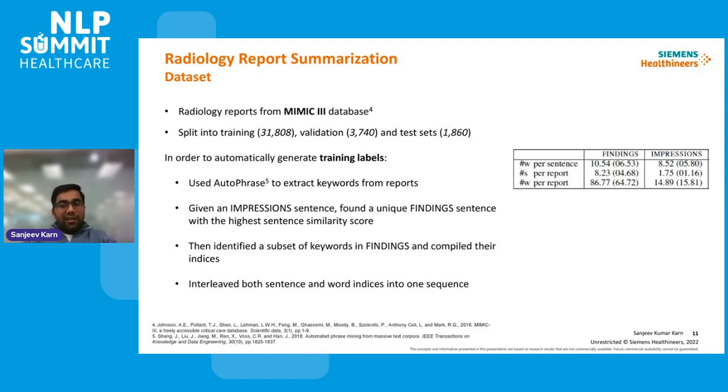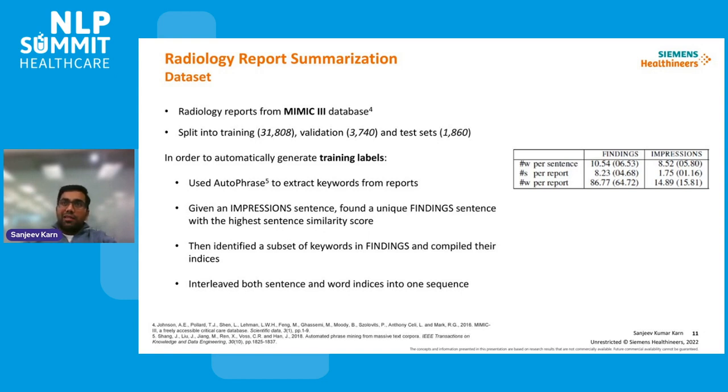So the binary indicator basically tells if an index in this sequence is of type sentence or of type word. In this way, this binary indicator would be used eventually to train the switch network that I mentioned in the previous slide.